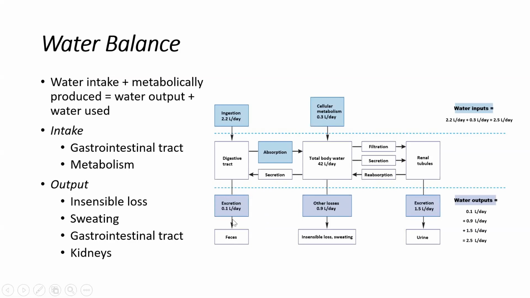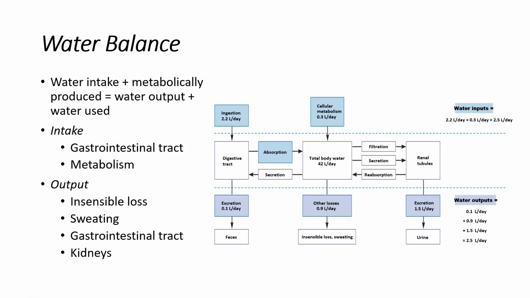And this can be influenced by things like diarrhea. Diarrhea can increase how much water we excrete, but typically it's not a whole lot that is excreted through feces. Another water loss is what we call insensible loss.